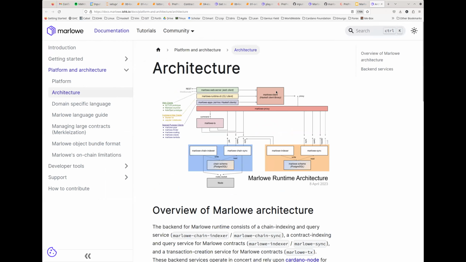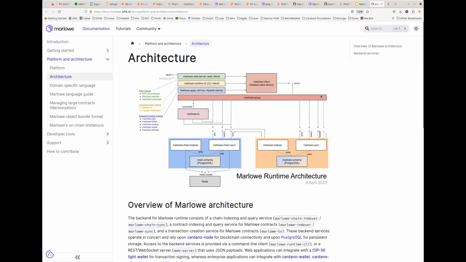I can't make it bigger than this. A lot of these things maybe don't make much sense at the moment. In the repository there's also a folder with images, and one is called runtime architecture.